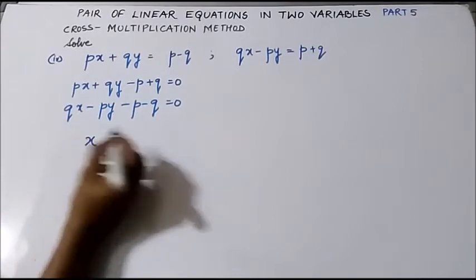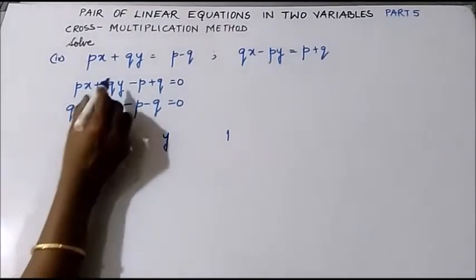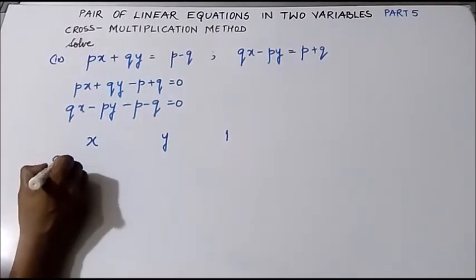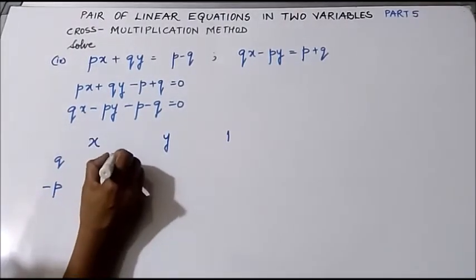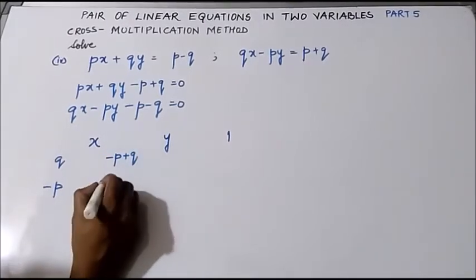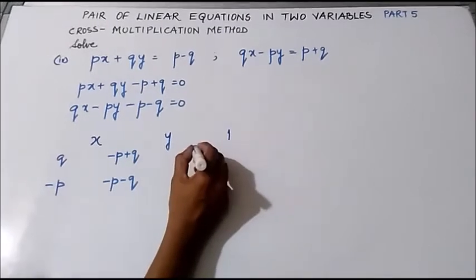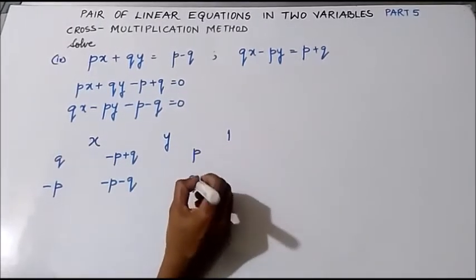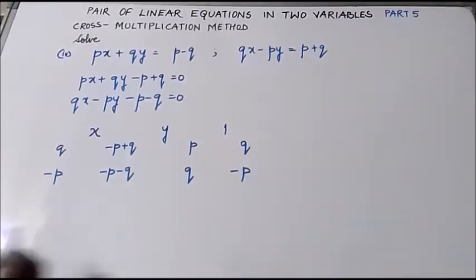First what you write here? X, y and 1. Now we start with the coefficient of y. Here it is q and minus p. Then the constant term minus p plus q, minus p minus q. Now y we have got here p and q, coefficient of x, and q and minus p.